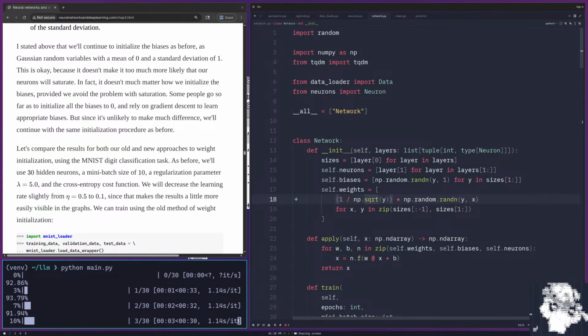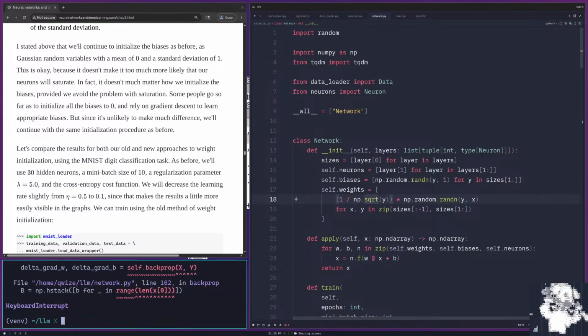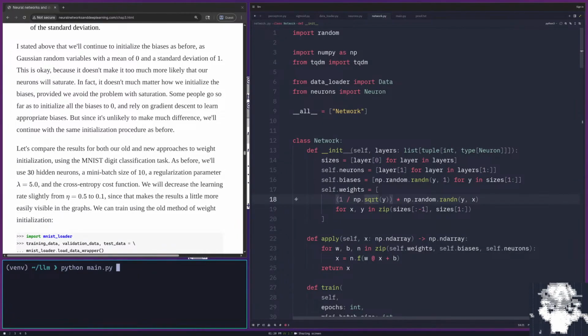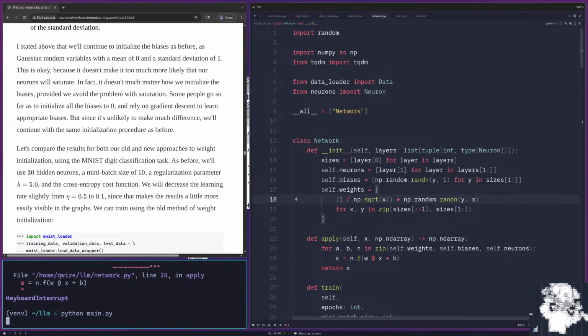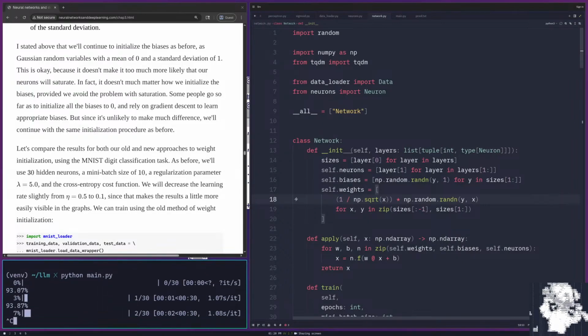We're starting at 92.8. So is that a fluke? Because usually we start around 91. 93. Okay, it seems to be starting better than before. 92.4. And then just to see, is it possible that x was the right thing to divide by? That's also very good.